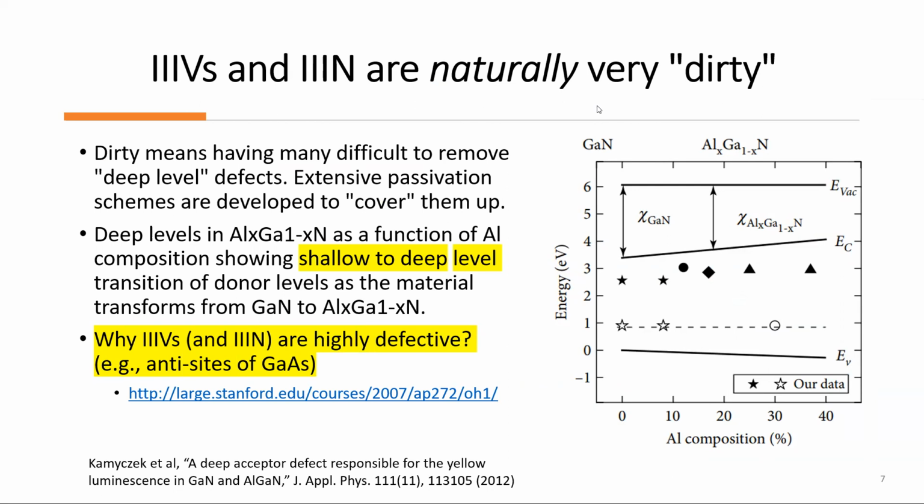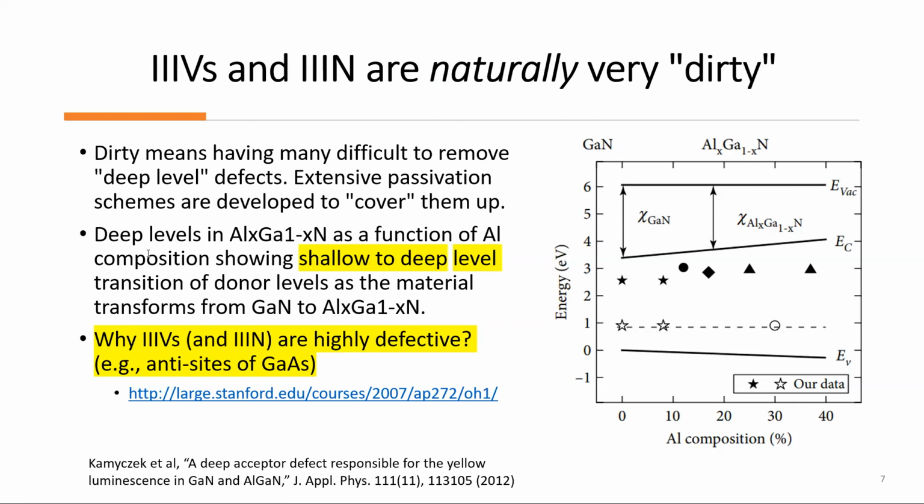Dirty means difficult to remove deep level defects. Passivation: there are a lot of passivation schemes that people try, saying, I'm going to dope it with this, I'm going to heat it in hydrogen, in deuterium, in nitrogen, you name it. They say, I will try to reduce the defects.